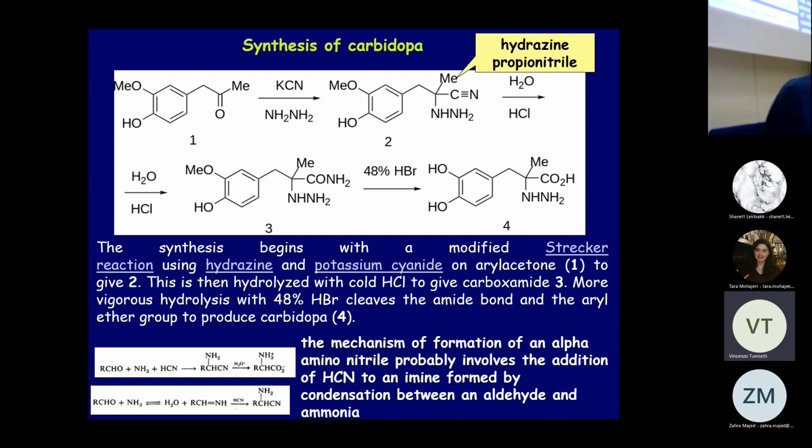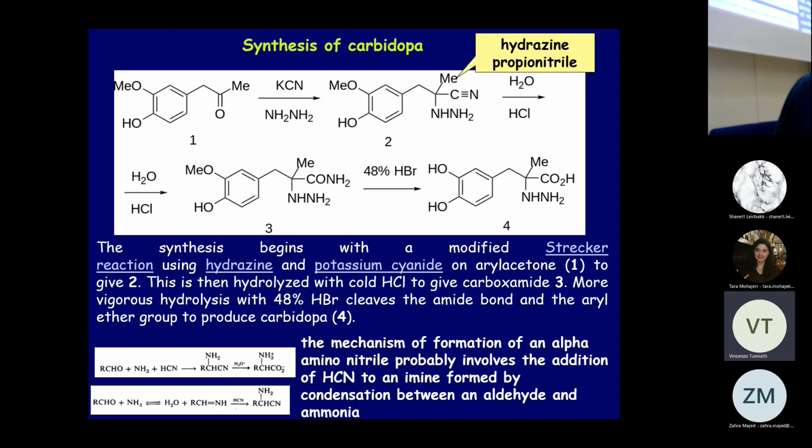Then at this point we have to hydrolyze again the amide to carboxylic acid, and in addition we have to deprotect, we have to hydrolyze this ether group, this methyl, to give the free phenolic group.